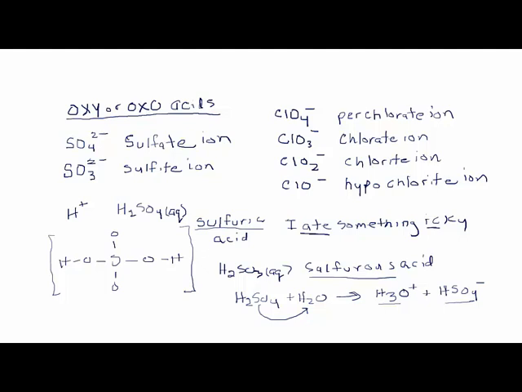So once we know these are acids and that we know the chemical formula, it's a matter of naming. If the ion ends in ate, the acid ends in ic. If the ion ends in ite, the acid ends in OUS. And the mnemonic is I ate something icky.